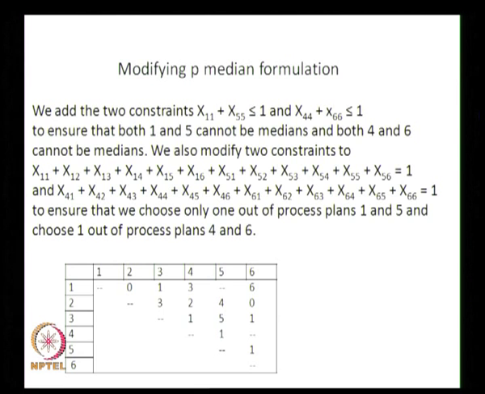Once again, we realize that 5 is an alternate process plan for this, therefore, it does not go. The next highest is 1 and 4, once again it does not go because 1 is already chosen. Then we look at 2 and 3 and we now put 2 and 3 into the second group.